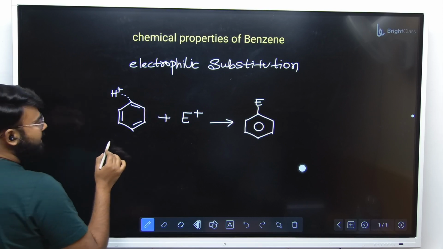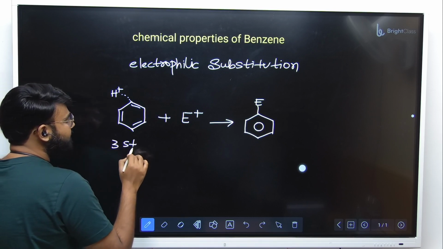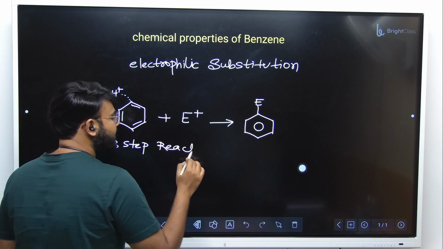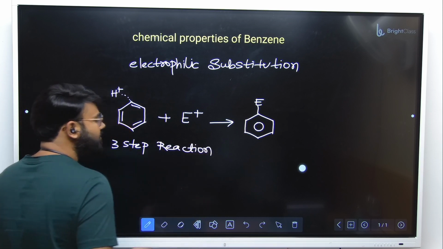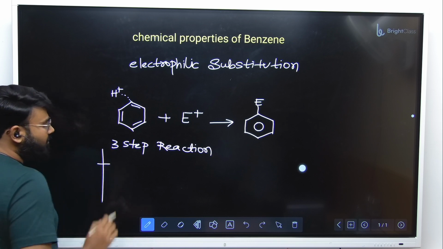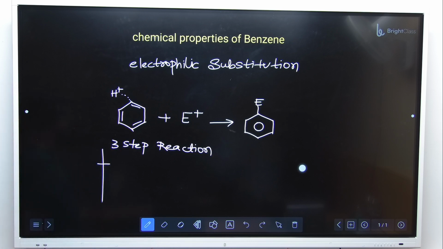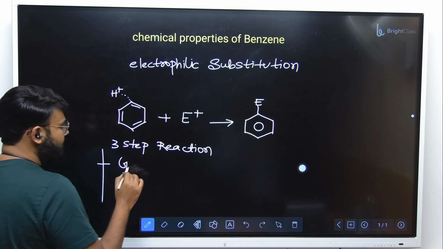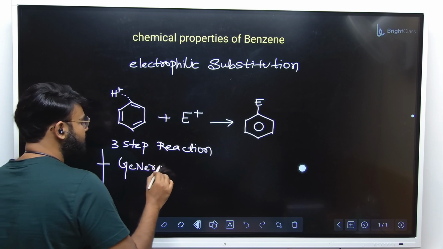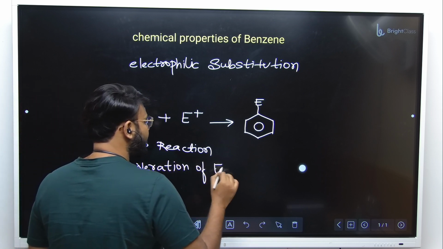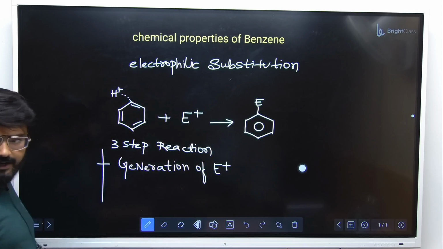So write down that it is a three-step reaction. This reaction, electrophilic substitution, is a three-step reaction. Now, what are the three steps? So all of you write it down. First step is generation of electrophile. First you form this electrophile.